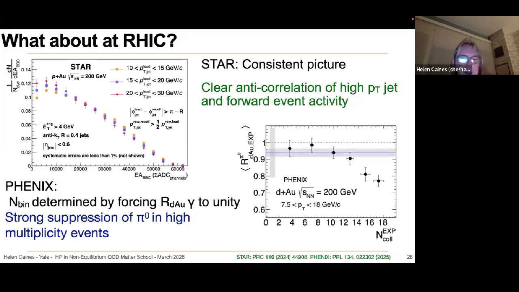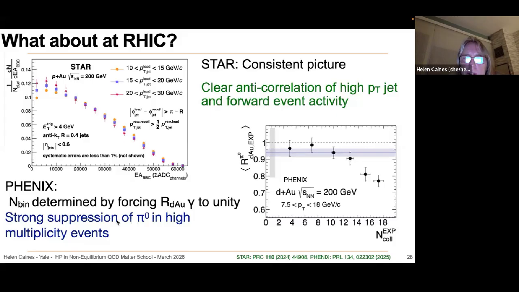We were just beginning to get back to our cold nuclear matter system being under control when PHENIX showed this beautiful analysis, which still has us scratching our heads. What they're showing here is the RAA again, the central to peripheral ratio, but instead of determining the number of binary collisions, the scaling of how many pp-like collisions there were, using a Glauber calculation, using theory, they did this experimentally, because remember right at the beginning, I showed you that colorless objects scale with the number of binary collisions.